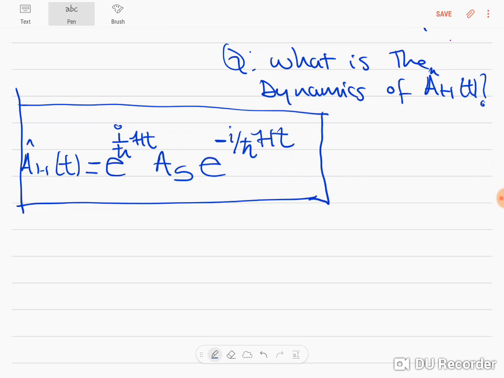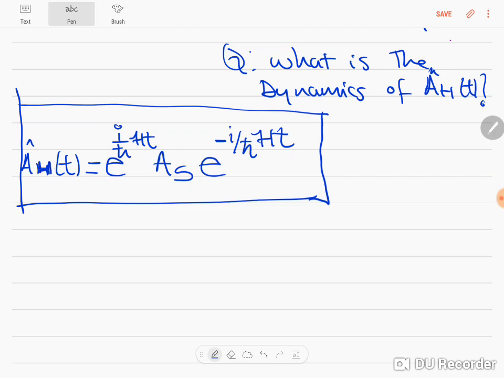Now there's not much we can do with this. So actually what we want to do is to derive a differential equation, in which case when we solve the differential equation we will get the dynamics of A sub H of t.